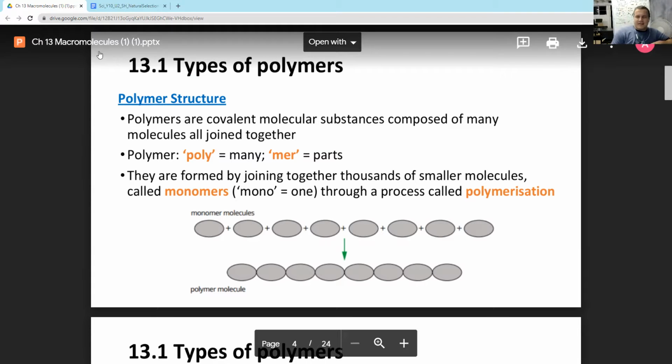We join together thousands of smaller molecules in a process called polymerization. I want everyone to take 60 seconds and think of as many different polymers as you can.